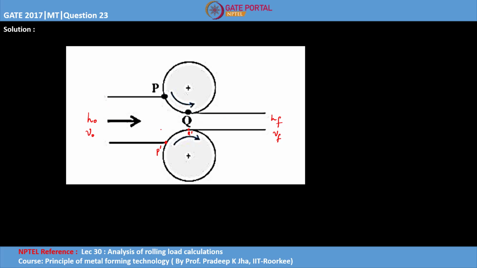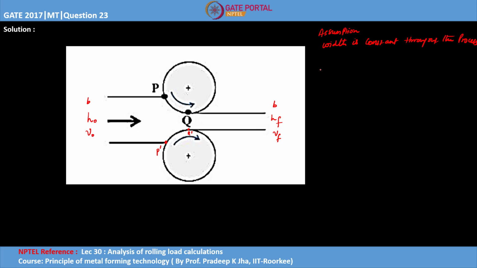Now in rolling, what we assume is that even after rolling, the width of the slab is not going to change. So the assumption is width is constant throughout the process. Let's say the width of roll is b. So here also the width will be b, and after rolling also the width will be b only.